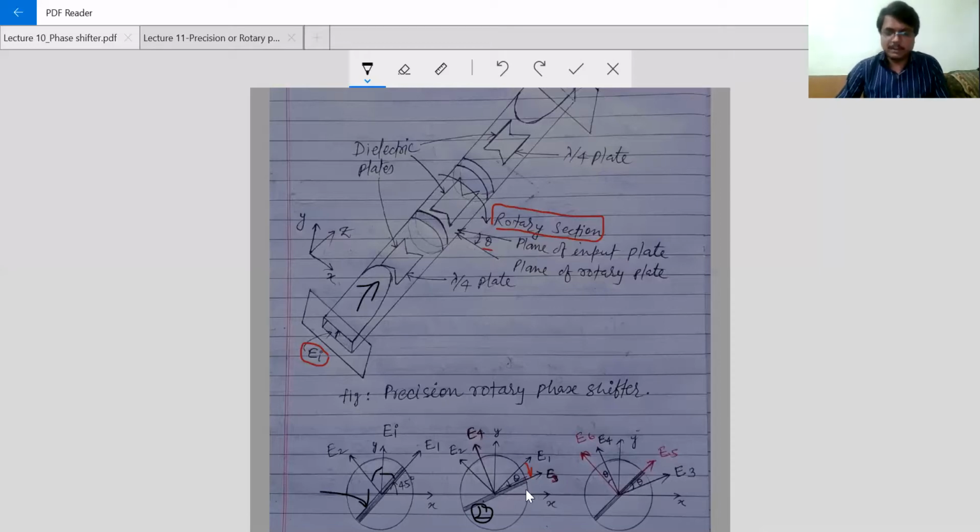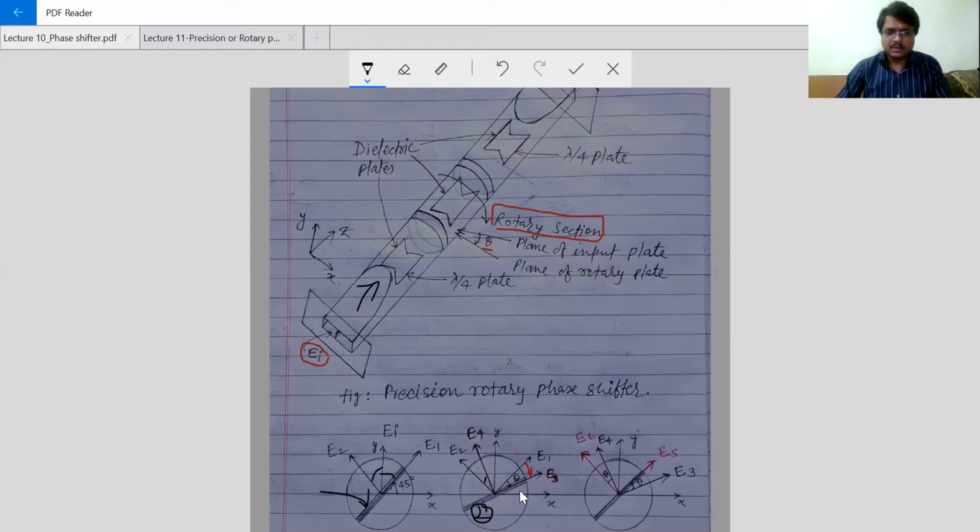So when we want to calculate this E3, it will be in terms of E1 and E2. If this angle is theta, this angle will also be theta.